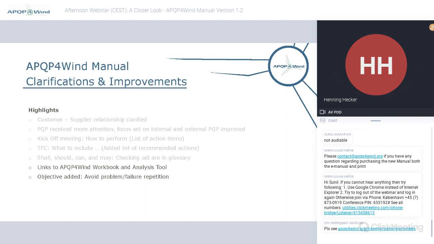So we added one objective, which is avoiding problem or failure repetition. In my opinion, you can see from failure repetitions whether a quality management system is working successfully or not, and that's why we found it worth adding to the manual.